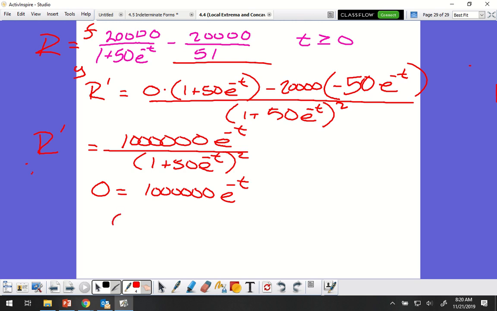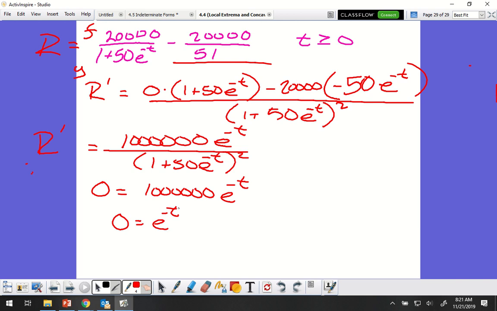Okay, so it's going to be 0 equals e to the negative t, right? All right, so what would I do from here? What did we do last time? 1 over e to the t. ln won't work out on this one, because when I multiply it out, I have a 0 over here.